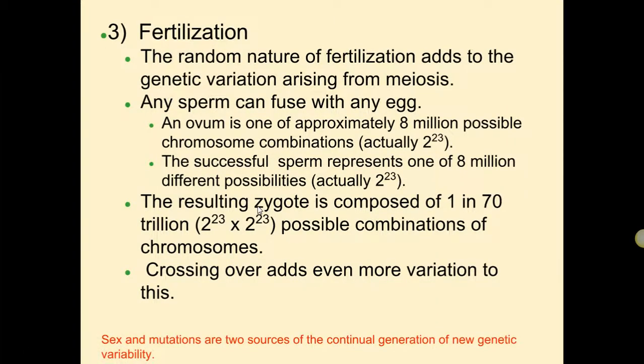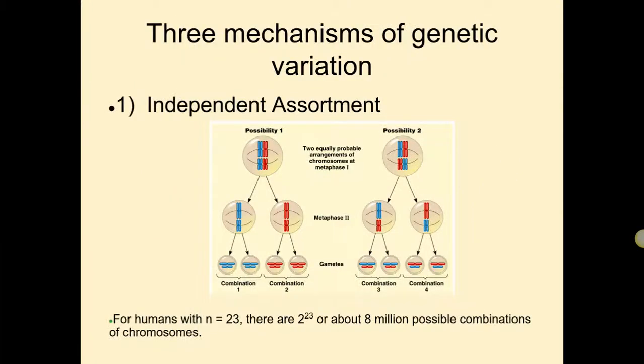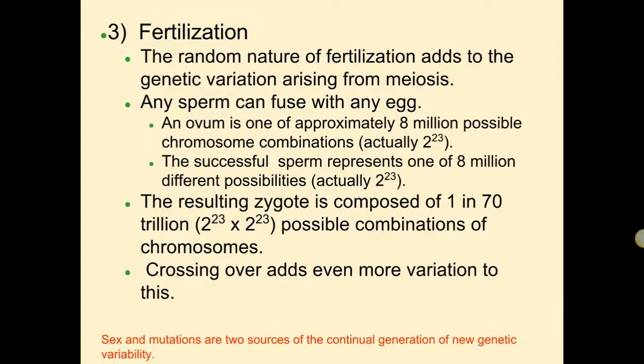And then, of course, we have to take into consideration fertilization. On its own, we had independent assortment, and that's 2 to the 23. But now remember that you have to get 2 to the 23 times 2 to the 23, because one sperm cell interacts with one egg cell.